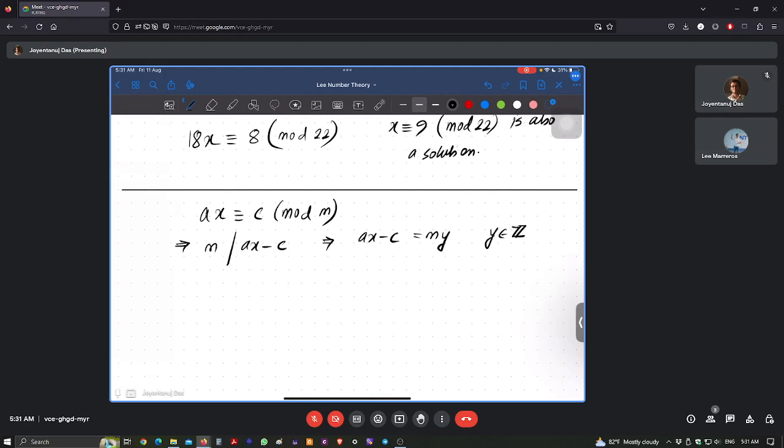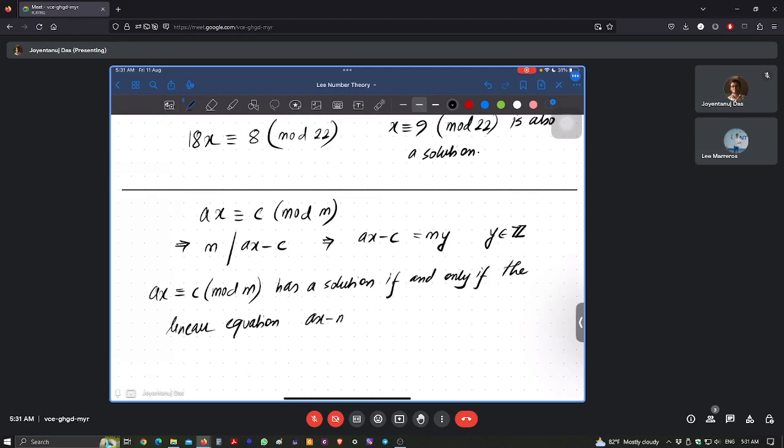So what we have is that this has a solution if and only if the linear equation ax minus my equals c has a solution, right?